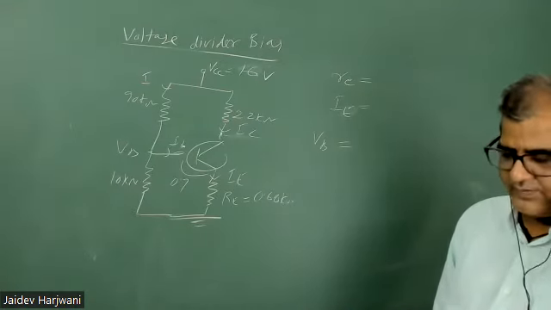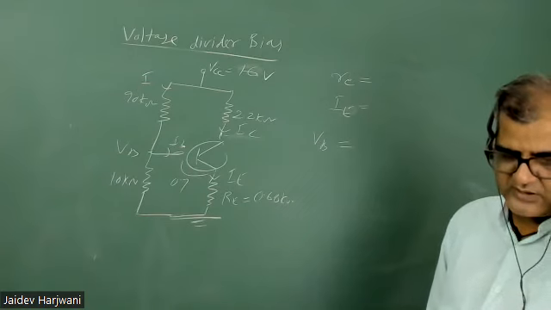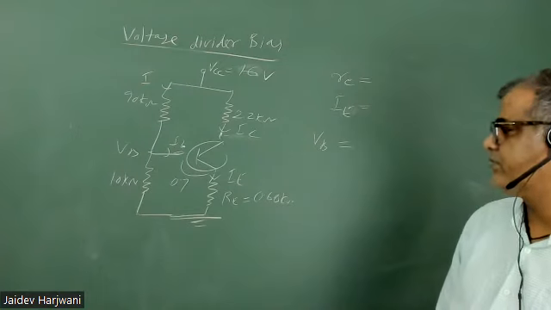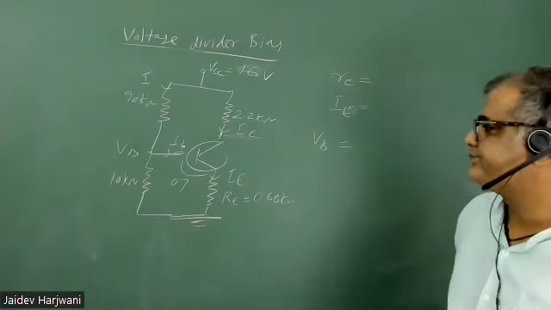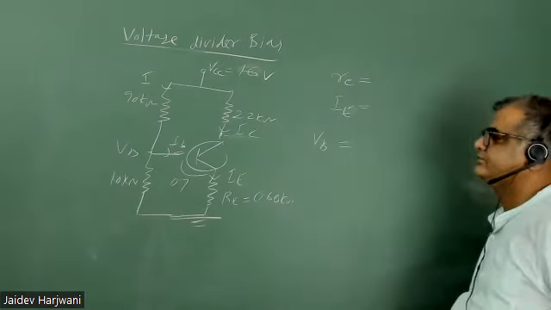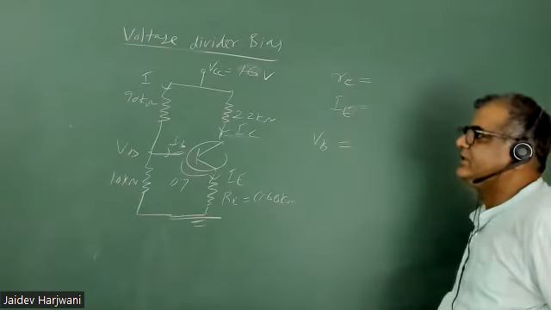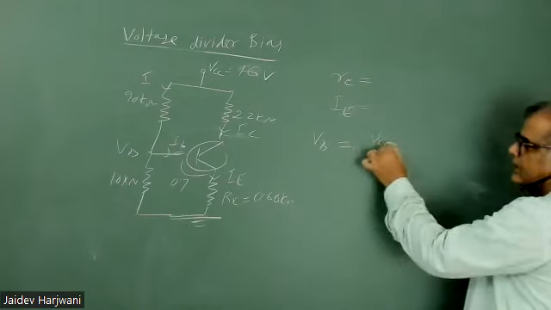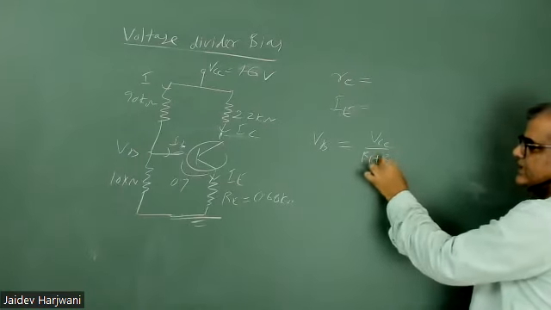What is the value of VB? It is 16 upon 100 into 10, that is VCC upon R1 plus R2.